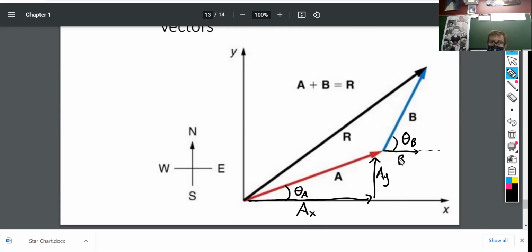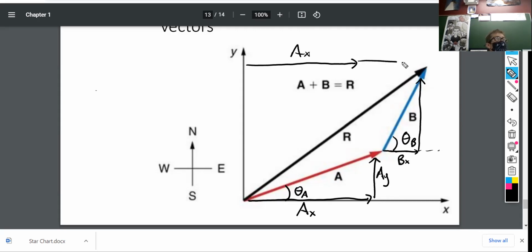In other words, we're forcing this problem into a simpler one because we know how to add vectors that go in the same direction. If I have two vectors that both go up and to the right, but by a different amount, I need to figure out how much of this goes to the right, and how much of this goes to the right. Then I can add those up because I know how to add vectors that go to the right. Like vector A brings me over this far.